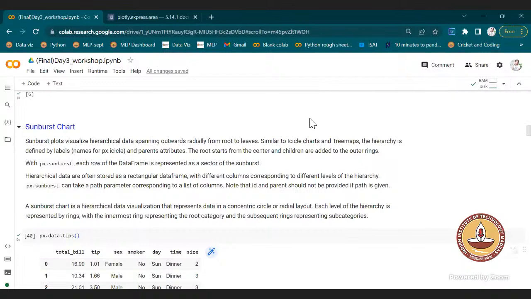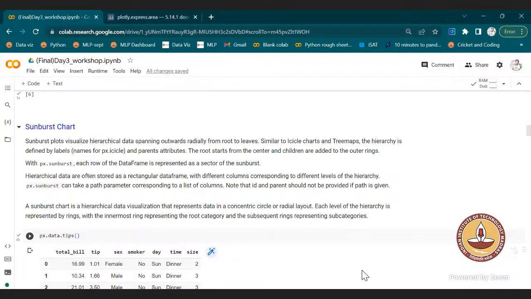I was trying to plot a hierarchical chart, like how we make that chart, let's say a family hierarchy: your grandfather, grandmother, then come your parents, and so on. This example is just for those who have not gone through the MLP course.